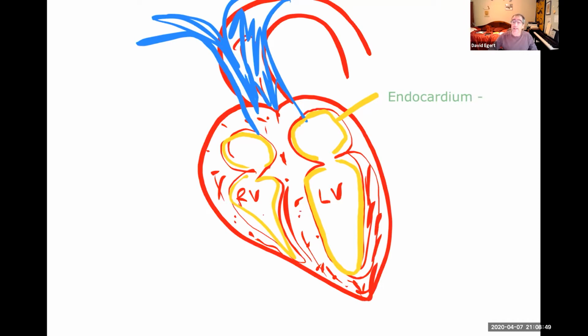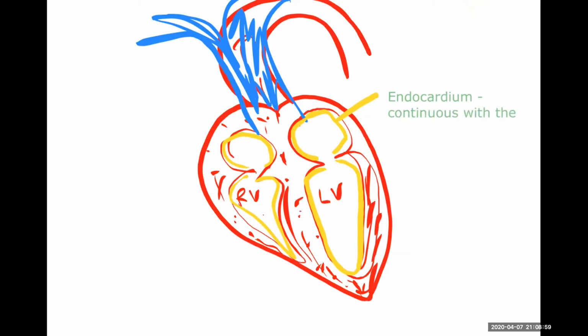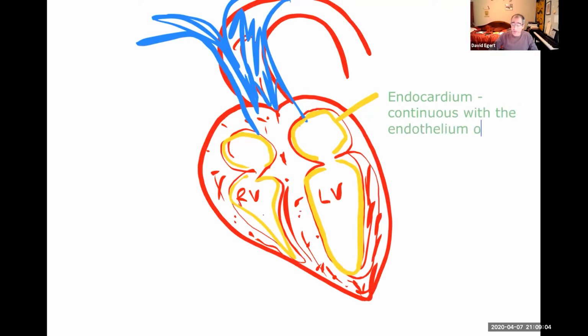What was the tissue that lines the inside of all your blood vessels? Simple squamous, which we also called endothelium. So the endocardium is just more simple squamous epithelium, but that's lining the inside of your heart instead of lining the inside of blood vessels.